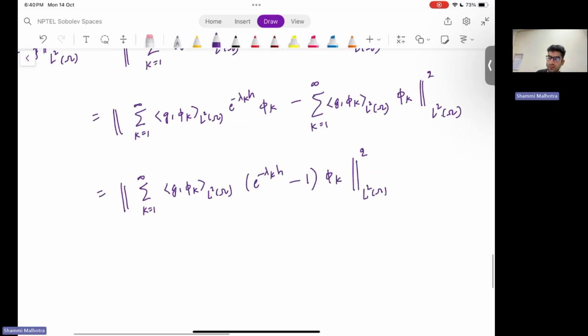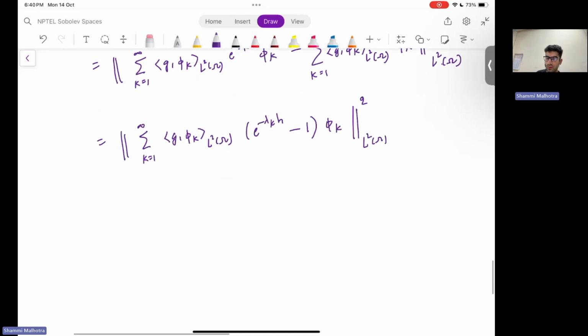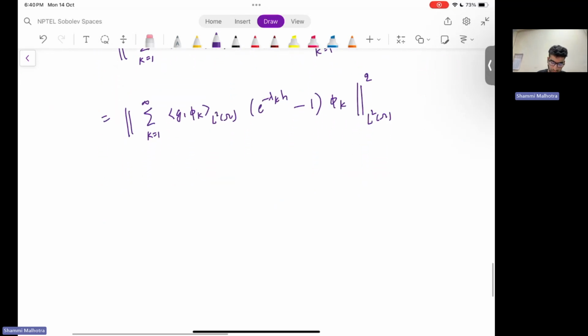But we know that these phi_k are an orthonormal sequence. So this whole square can actually be written as summation k from 1 to infinity of the modulus of the inner product of g with phi_k in L2(omega), whole square, times (e^(-lambda_k h) minus 1) whole square.